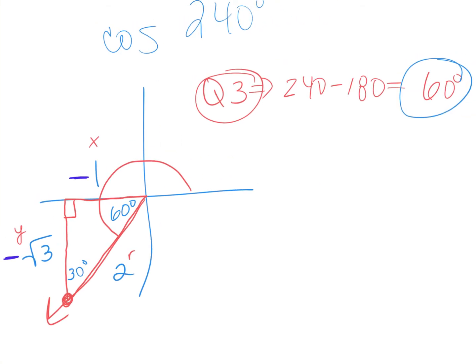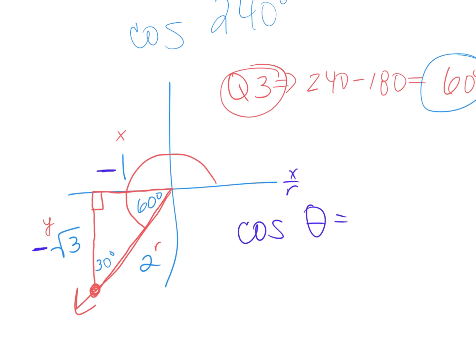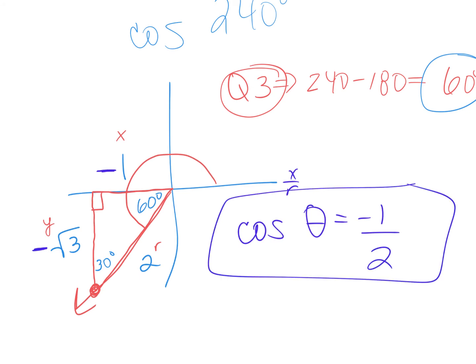The question was, what is the cosine of this angle? Guys, remind me again, what's cosine? X over r. Okay, well, what's the x value here? -1. And what's the r value? 2. At the very beginning, when we looked on the unit circle, what did you tell me the cosine of 240 was? -1/2.